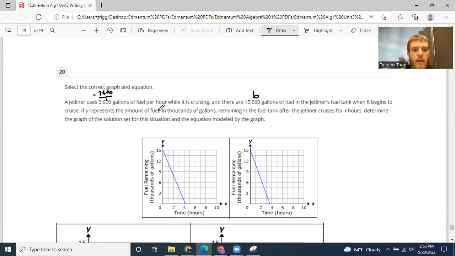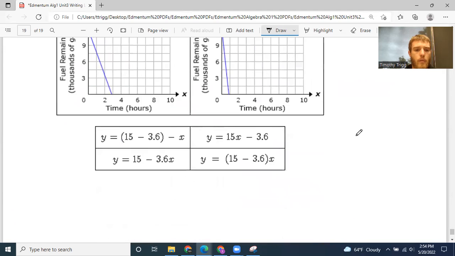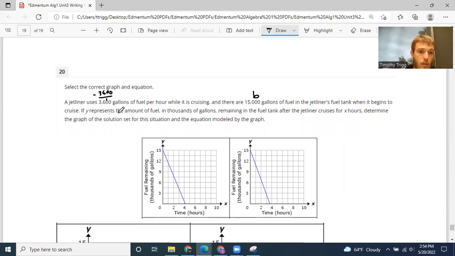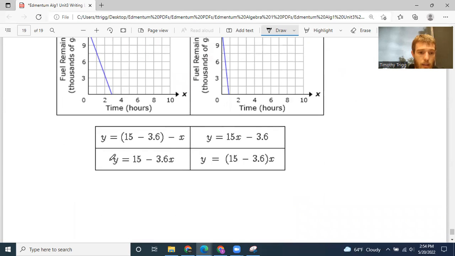If y represents the amount of fuel in thousands of gallons remaining in the fuel tank after the jetliner cruises for x hours, determine the graph, the solution set for this situation, and the equation modeled by the graph. Okay. So our equation is going to be like this one here.